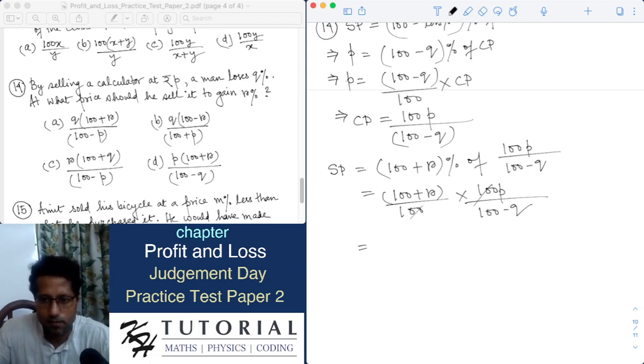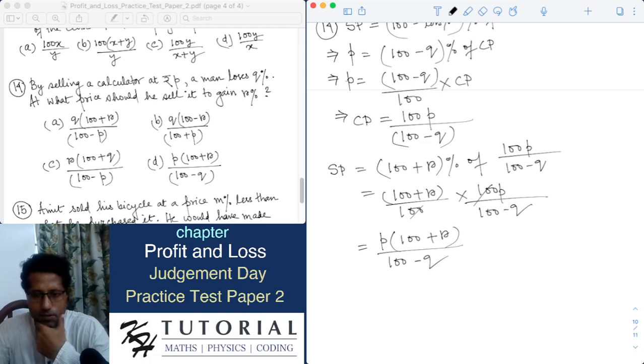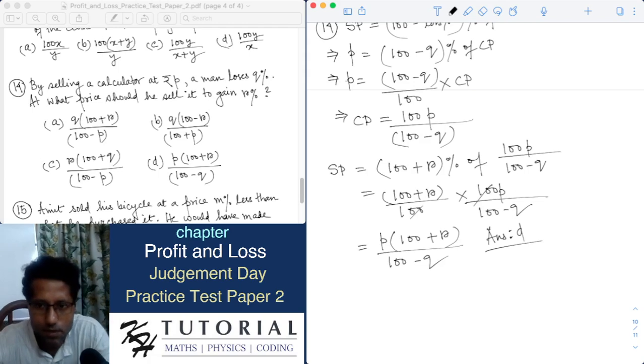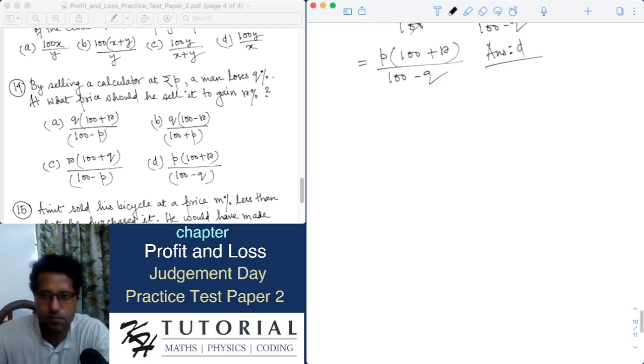We get P into 100 plus R divided by 100 minus Q. This should be the selling price, and we have to see which choice it matches with. So the answer is choice D. Okay. Let's do problem number 15.